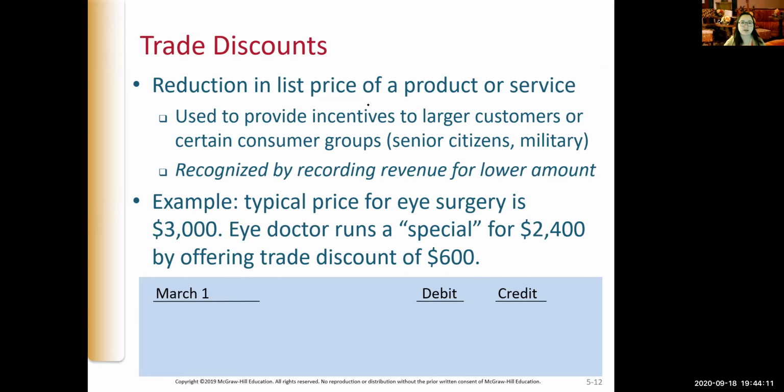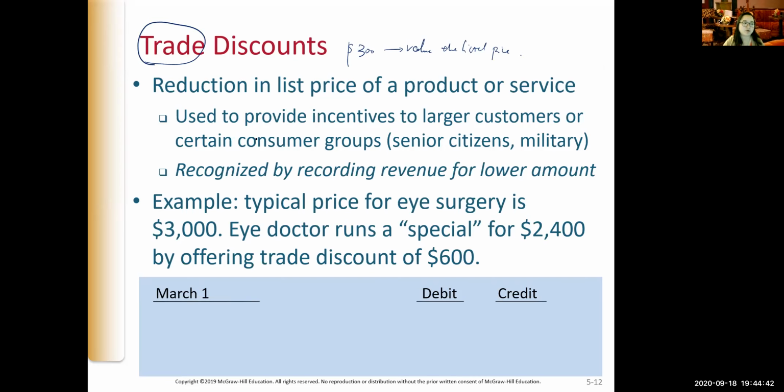So trade discount, okay, remember the name is called trade discount. Trade discount represents a reduction in listed price. So say the listed price is $300, and the discount reduces the listed price. Companies typically use a trade discount to provide incentive for larger customer or bulk purchases.